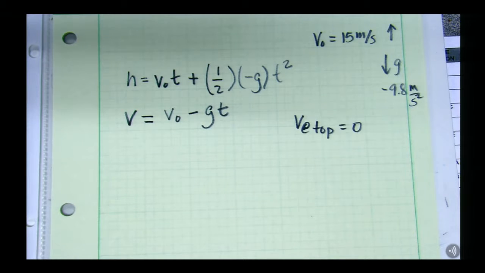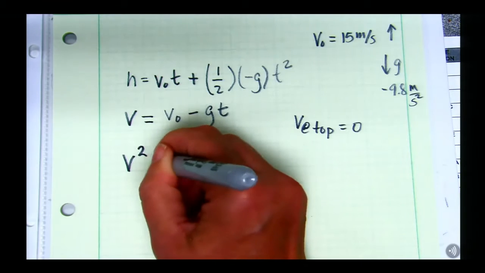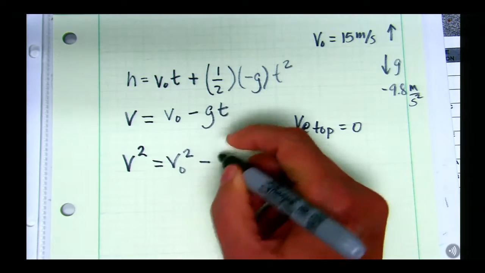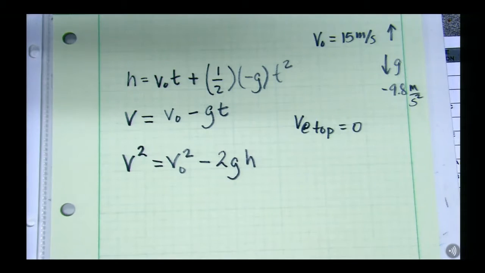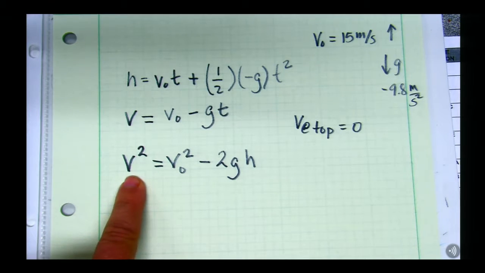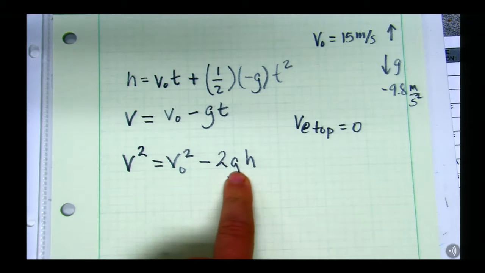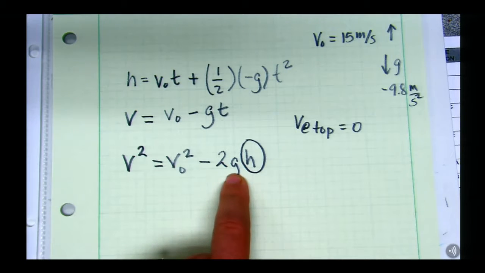So I've got another one I can play with: my velocity squared is equal to my initial velocity squared minus 2 times gravity times the height. Now I know the velocity at the top, I know the velocity I started with, and I've got my acceleration due to gravity. The only thing I don't know is the height, which is exactly what I want to find.